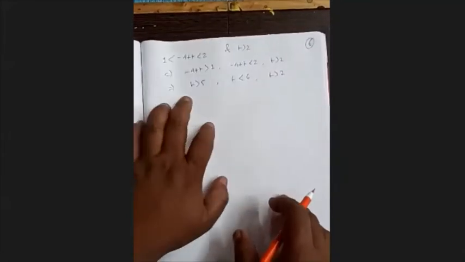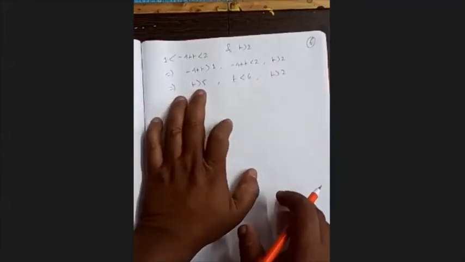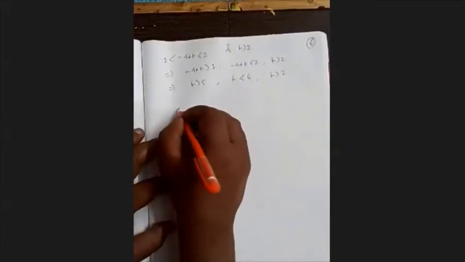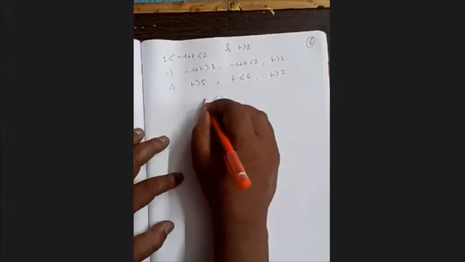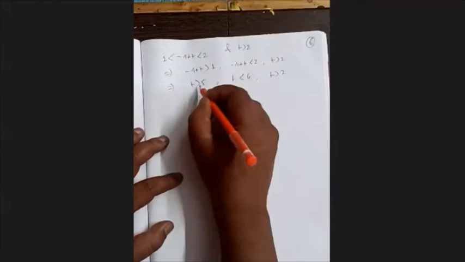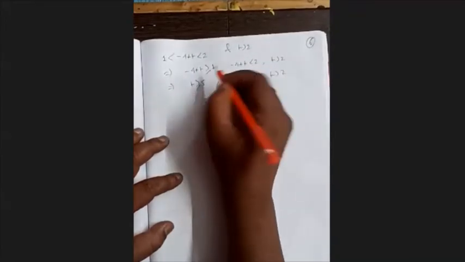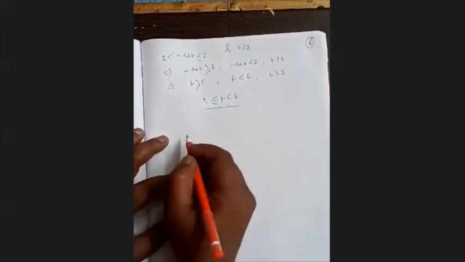Now when t is already greater than 5, it is automatically that t greater than 2 is satisfied. So our t is in between 5 and 6. Now equality is here in the 5. So that is the condition, t is in between 5 and 6.